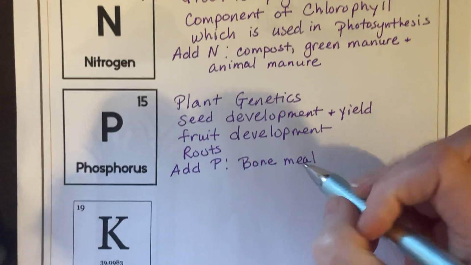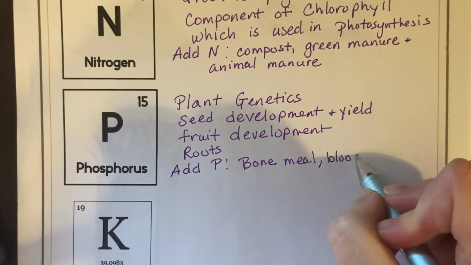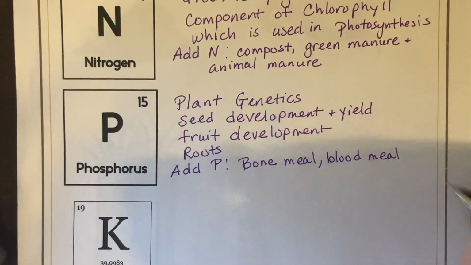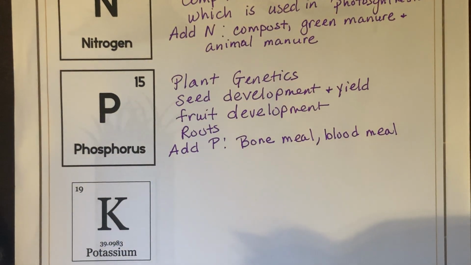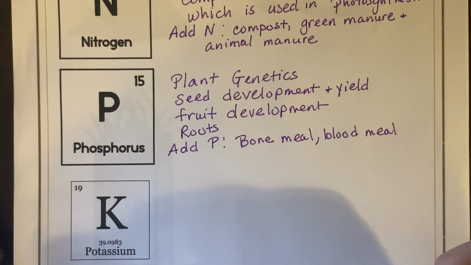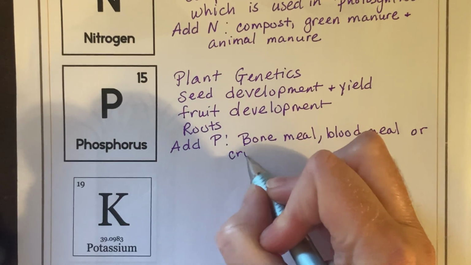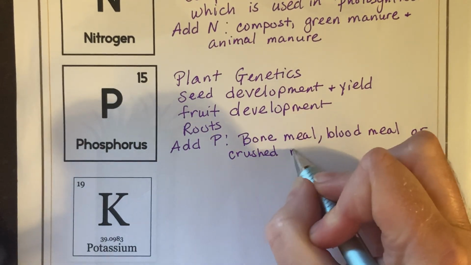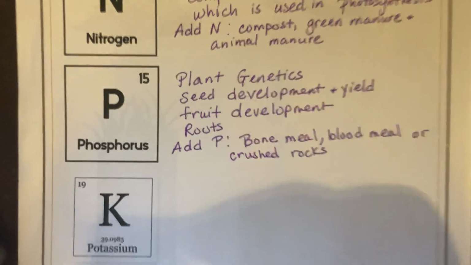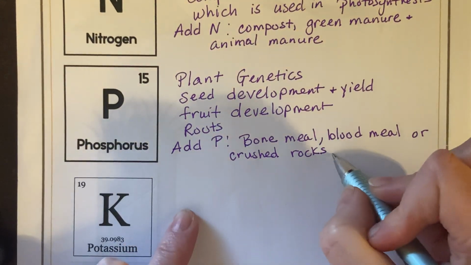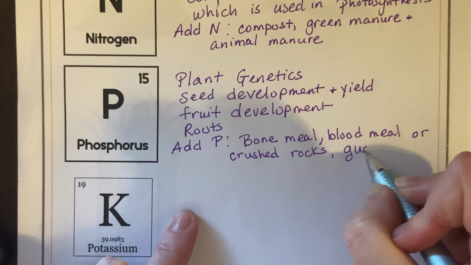Also blood meal, since blood contains a lot of phosphorus. You can buy those at Green Thumb or a garden store. Other natural ways to add phosphorus are crushed rocks or guano.